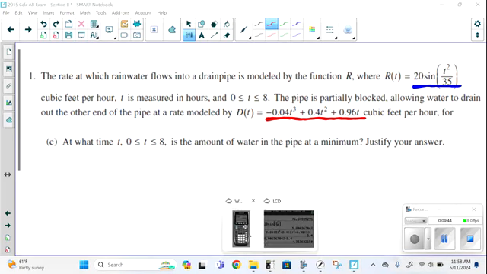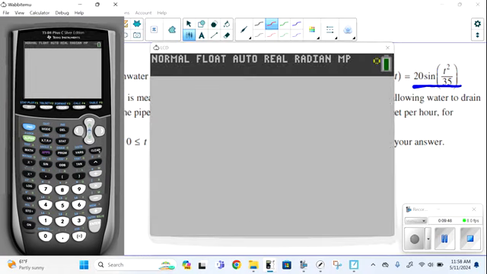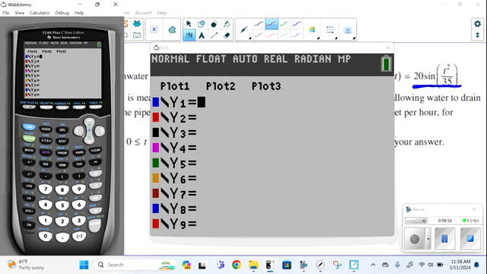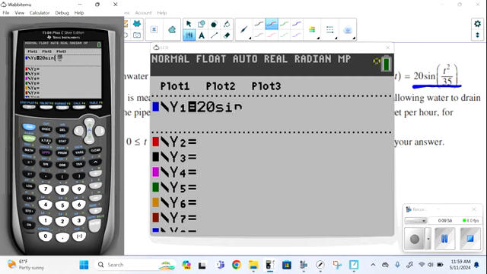Oh, great. I hope I don't mess up entering this in the calculator. So let me clear this. That's a lot. Let's go to y equals. And in blue, I'm going to have my 20 times the sine of a fraction which is x squared over 35. Close that parenthesis.